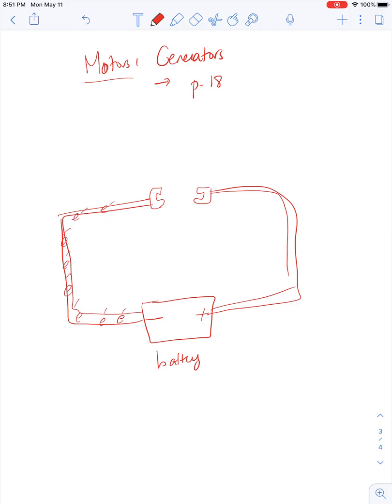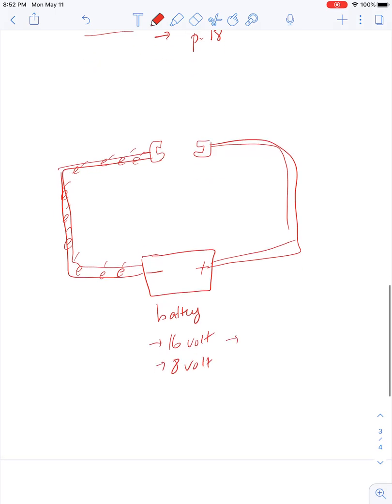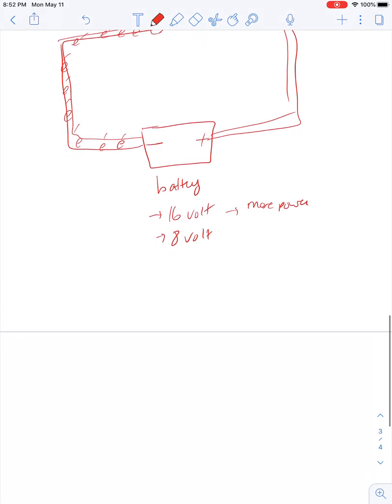Okay, and when you look at a battery and why electrons flow out of the battery, you can have a 16-volt battery or an 8-volt battery. You know that a 16-volt has more power. But why does a 16-volt have more power? Imagine this is a 16-volt battery. There's a positive and a negative pole.